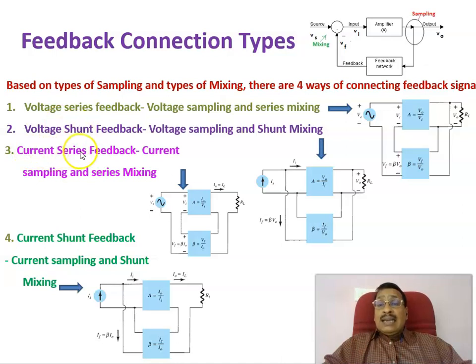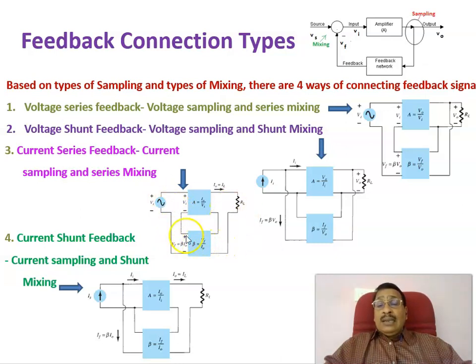The third type is current series feedback. Current series feedback means the signal sensed from the output is the current, so sampling is current and mixing is voltage. This is the voltage mixing that is added with the input.